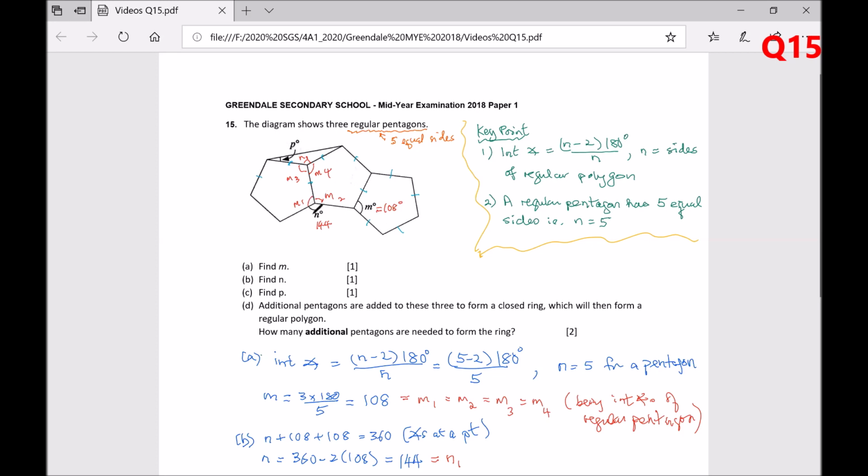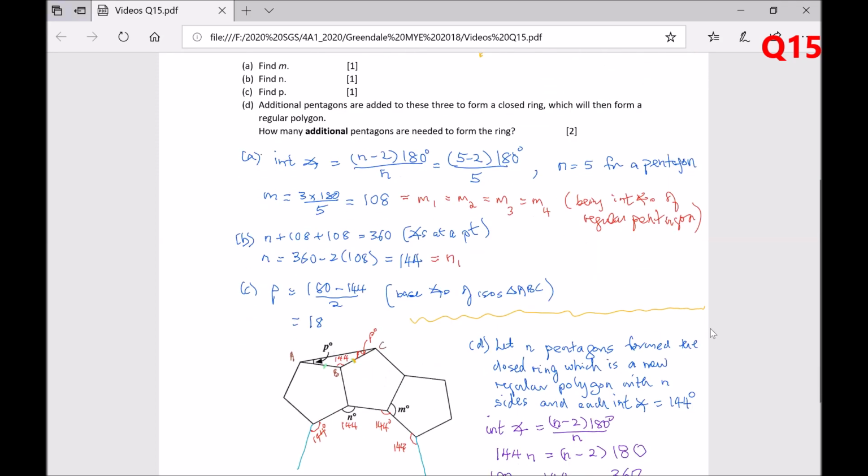Looking at this part of the diagram, n plus m1 plus m2 equals 360 degrees because they are angles at a point. Hence, we have n equals 360 minus 2 times 108, which is 144.